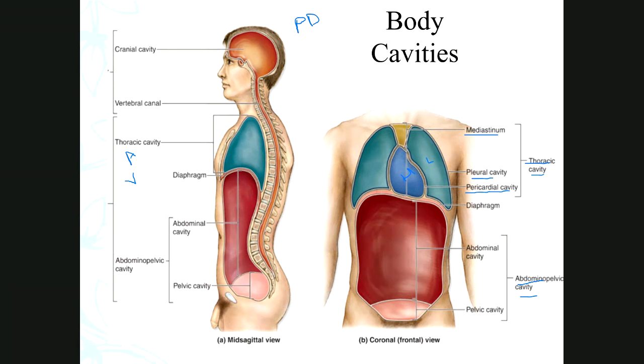The abdominal cavity will have a lot of our abdominal organs, and it also includes the pelvic cavity, which includes some of the digestive organs, the genitalia, the urinary bladder. What separates the thoracic cavity from the abdominal pelvic cavity is the diaphragm. The diaphragm is actually a muscle that is a big part of the respiratory system. So the diaphragm separates the thoracic cavity from the abdominal pelvic cavity.